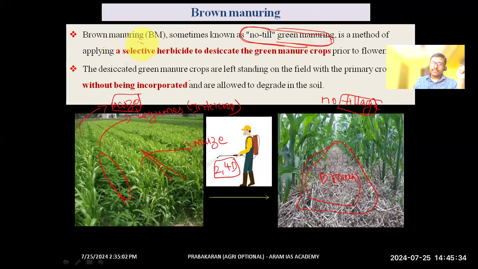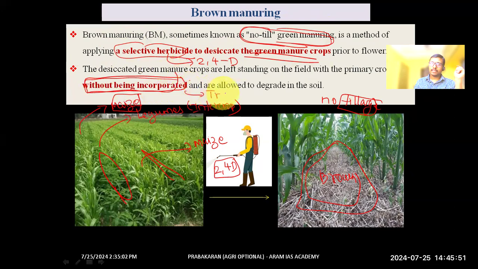In this method, we use the selective herbicide 2,4-D to desiccate the green manure crops, and there was no incorporation by using the tractor implement. Tractor or tillage was not used here.